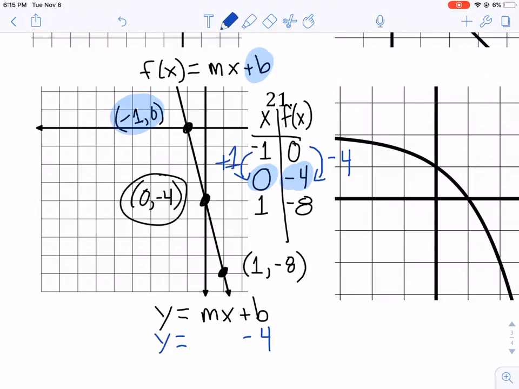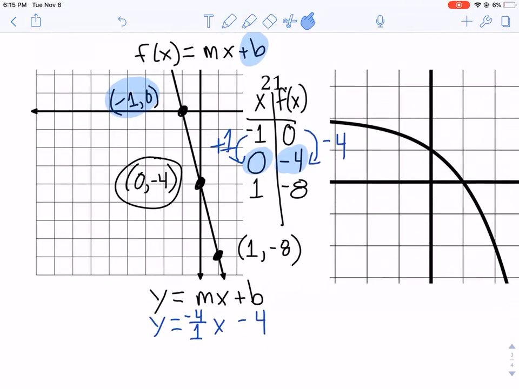So my slope here is my change in y, which is -4, over my change in x, which is 1, and that becomes my coefficient. I can simplify this: -4 over 1 simplifies to -4x minus 4. So now I've got myself an equation. Using these ordered pairs, I was able to find my change in y over my change in x, or in this case my common difference, and I was able to find my initial value.